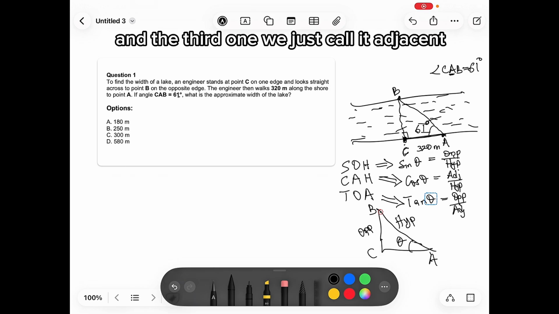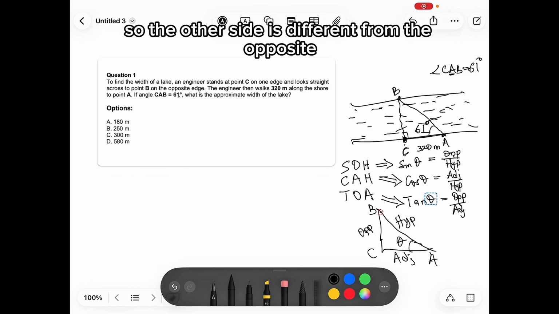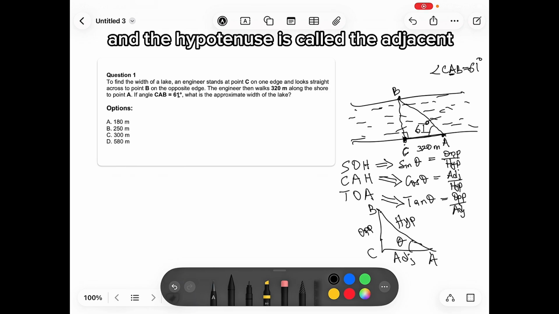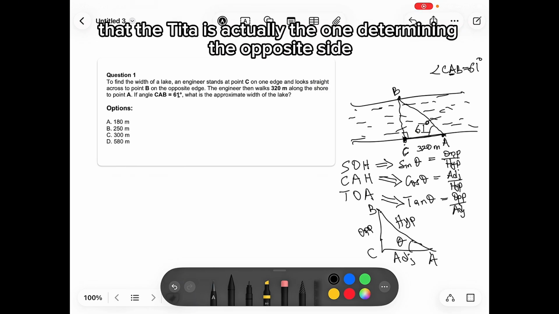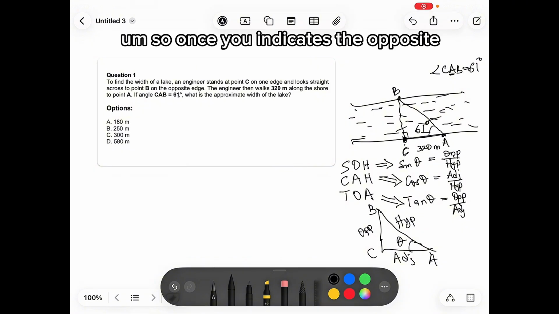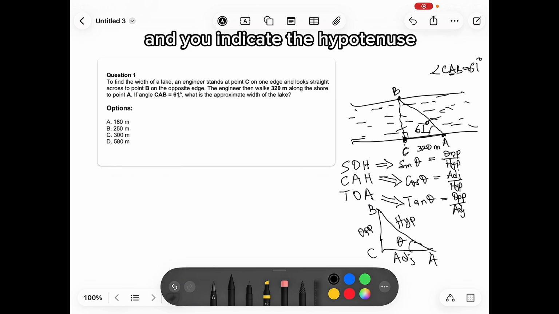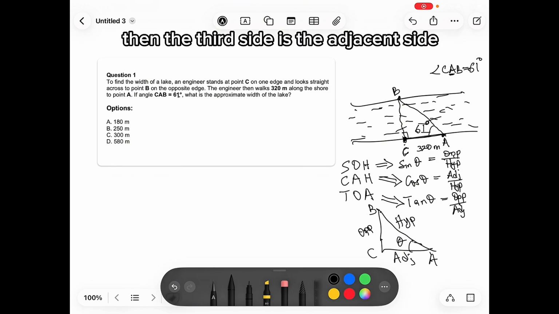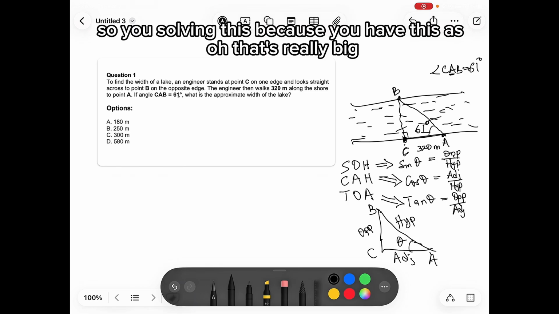And the third one, just call it adjacent. So the other side, different from the opposite and the hypotenuse, is called the adjacent. But don't forget that the theta is the one determining the opposite side. So once you indicate the opposite, and you indicate the hypotenuse, which is the longest side, then the third side is the adjacent side.